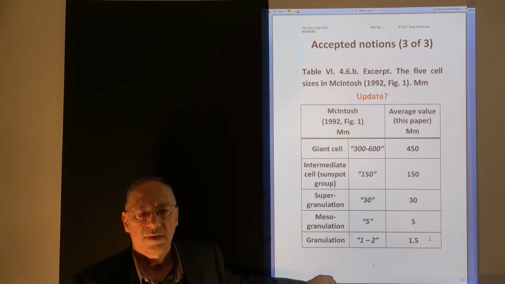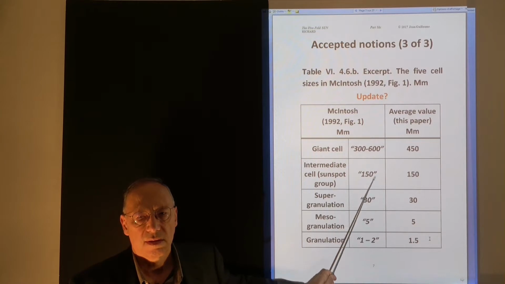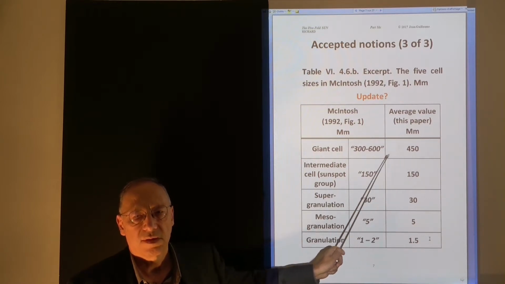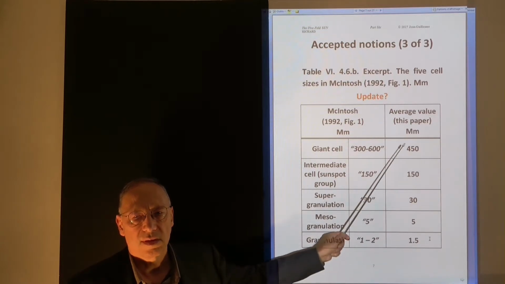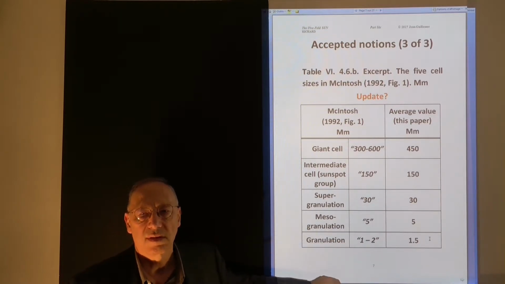In the same classification, in 1992, McIntosh proposed characteristic linear dimensions for these cells. You see what they are, and if we use an average of these two bounds, this is the hierarchy of cell sizes as of 1992, according to this authority, Patrick McIntosh.